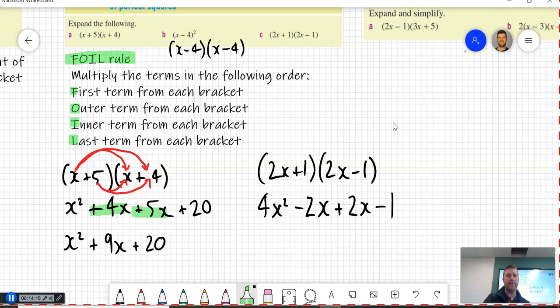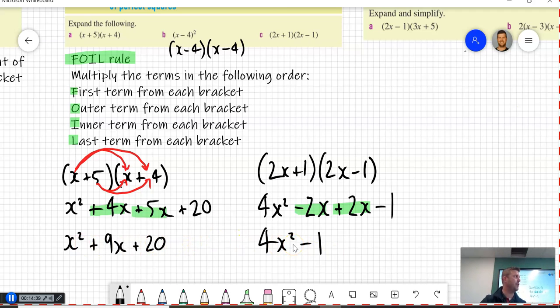Collect those like terms. I have negative 2x and positive 2x. What is negative 2x plus 2x? 0. So I'm actually cancelling those out altogether. I'm then left with 4x squared take 1. Okay? So instead of 3 terms at the end, I've only got 2 terms.